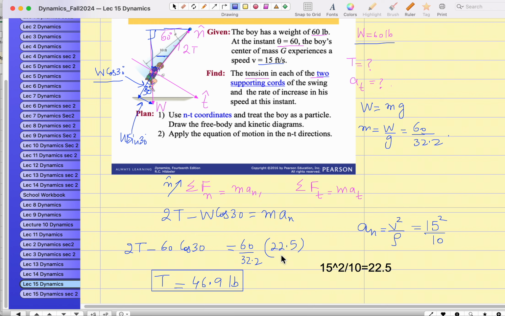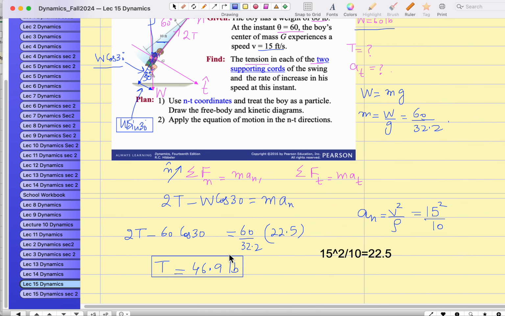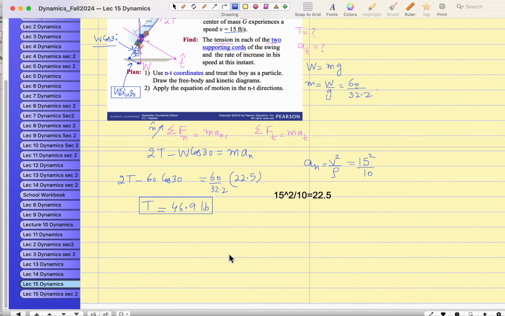Now let's do the math. Let's complete the second equation of motion, which is along the tangential unit vector. If you take a look, this component is along the tangent unit vector. Agreed? There is no other component acting along the tangent. So I'm going to write down the equation of motion here. Sigma of all the forces along the tangent equals mass times A sub t.